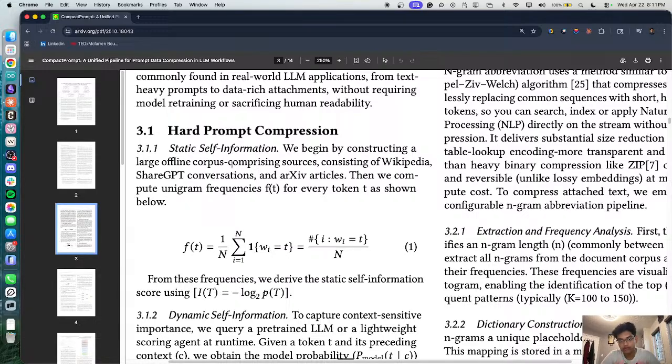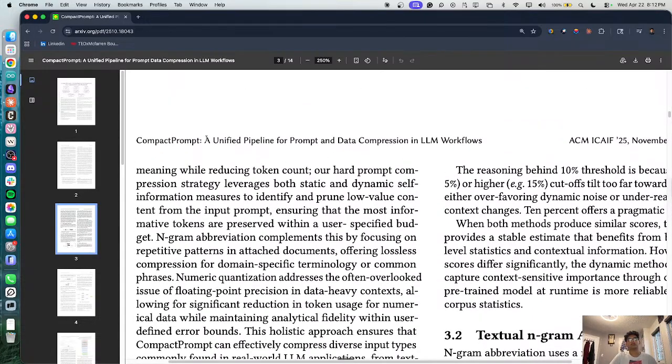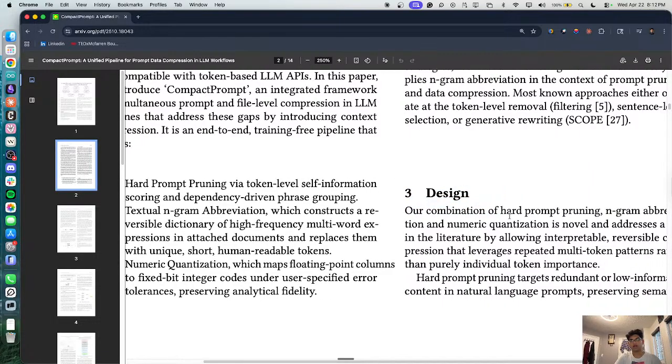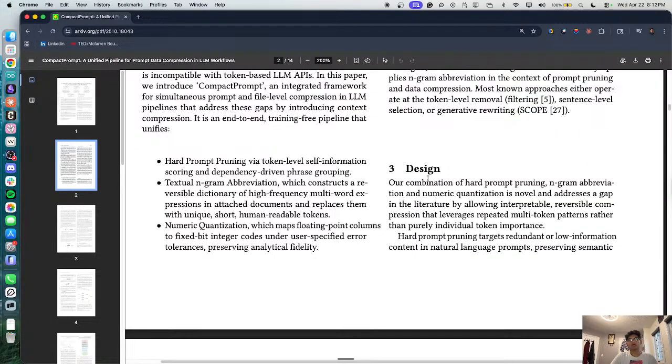Essentially, we learned that the CompactPrompt framework is used to basically compress the context that is associated to an agentic workflow. Now, this does not only include things like your prompts, but also external data attachments, and there's a variety of methods that it uses. Specifically, in section 3 where we're talking about the design, it outlines exactly how it does this.